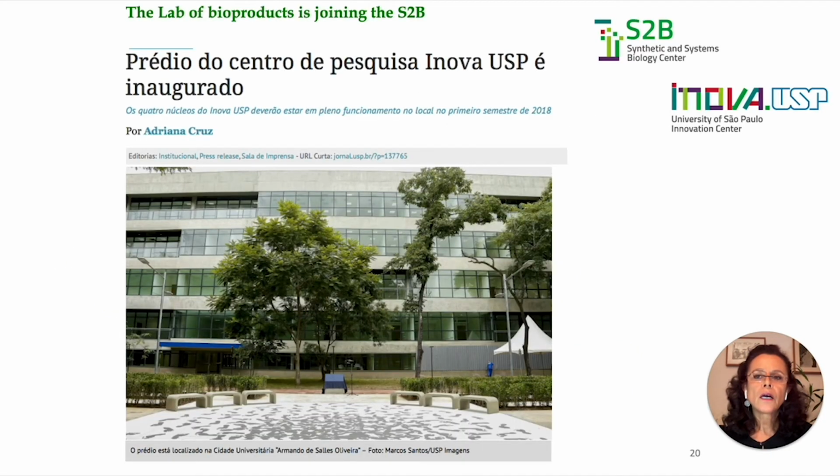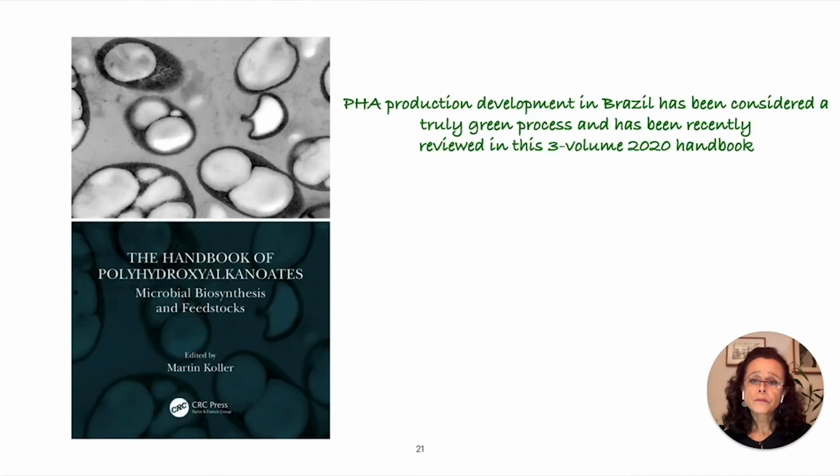And we are now joining the Synthetic and Systems Biology Center at Innova USP, where we will be gathering with different groups of experts towards innovation procedures using biomass.